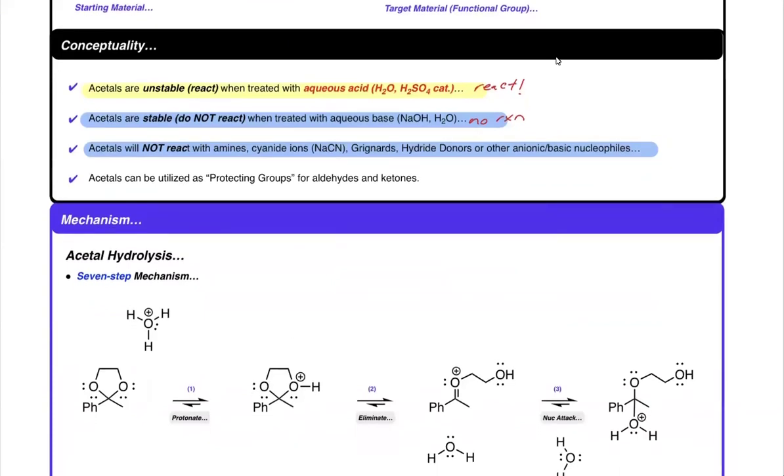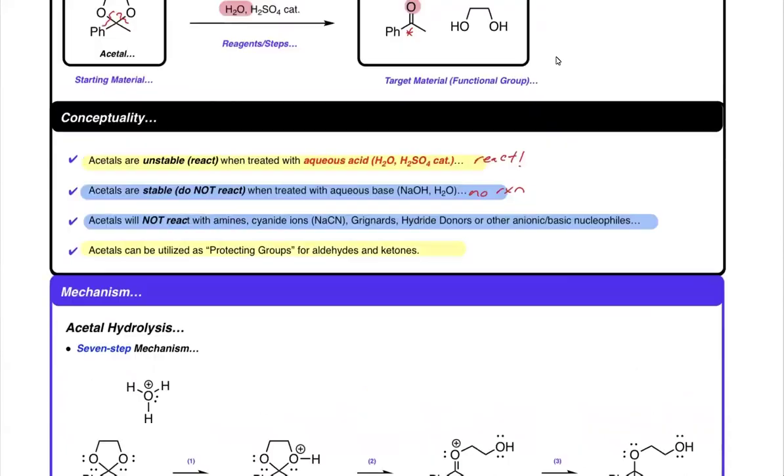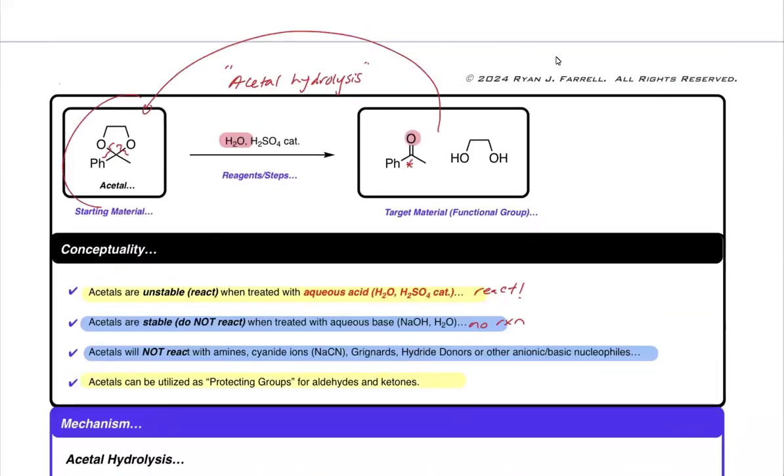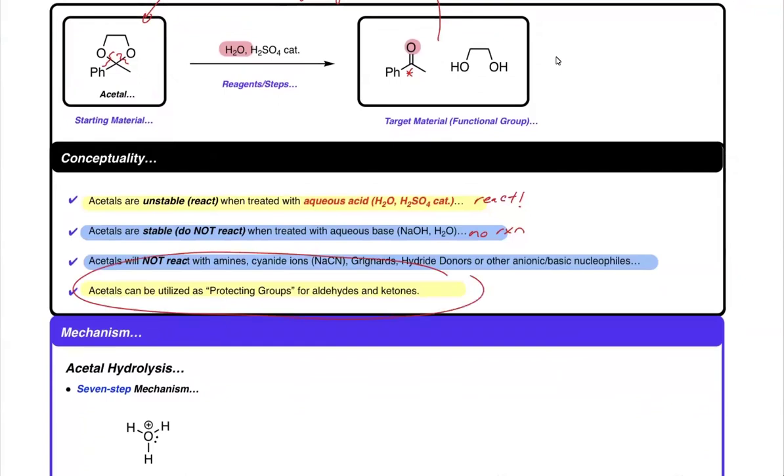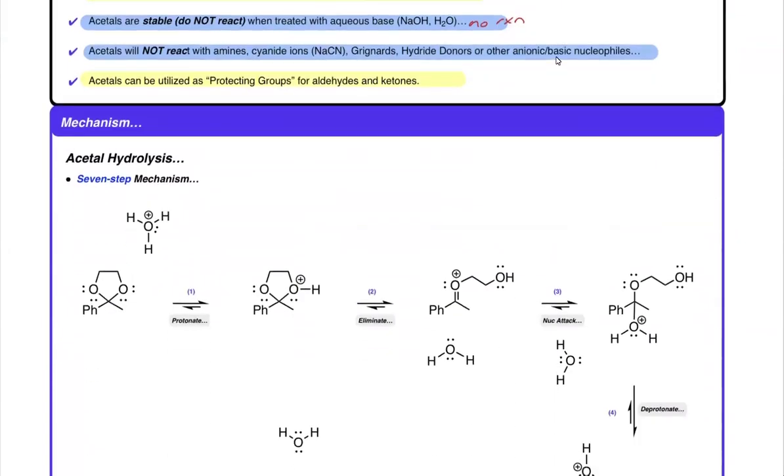Now, in a later video, we'll talk about protecting groups, but acetals can be utilized as protecting groups because when you take an aldehyde or ketone and turn it into an acetal, what was an electrophilic carbonyl carbon is no longer an electrophilic carbon. But I'll do a whole video series, separate videos for protecting group usages.